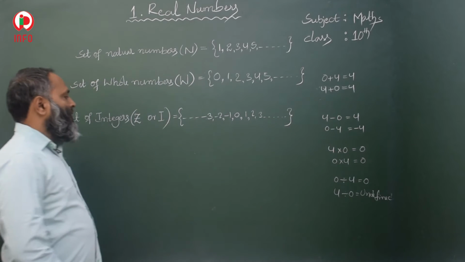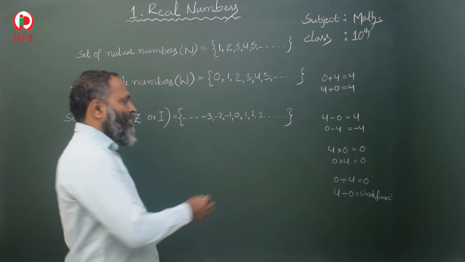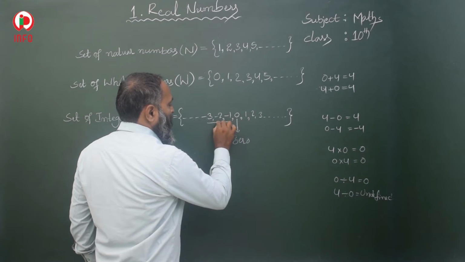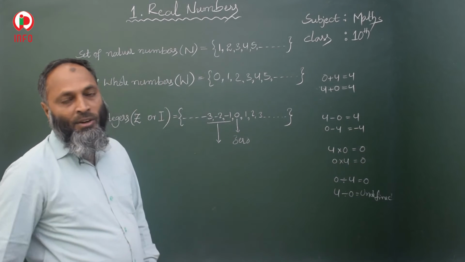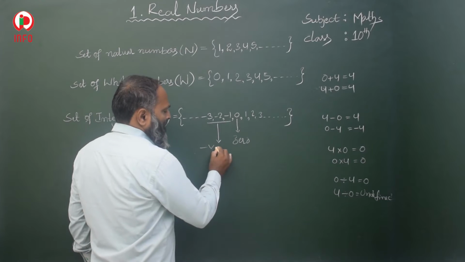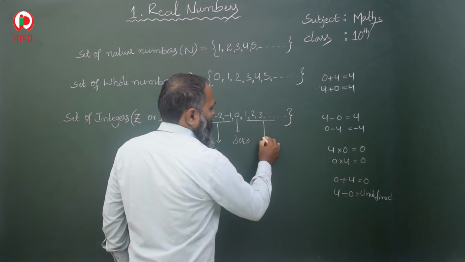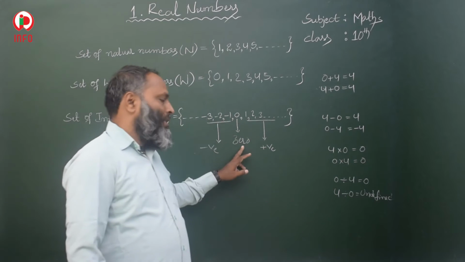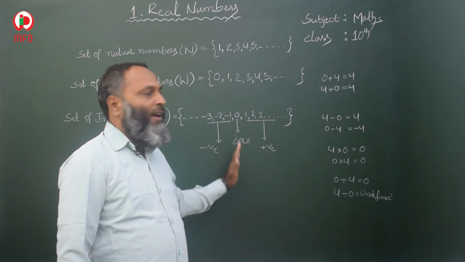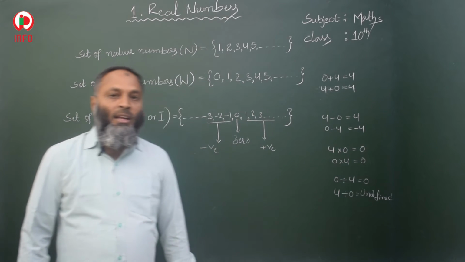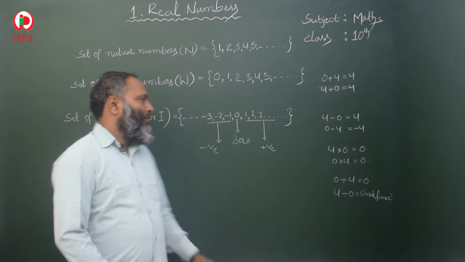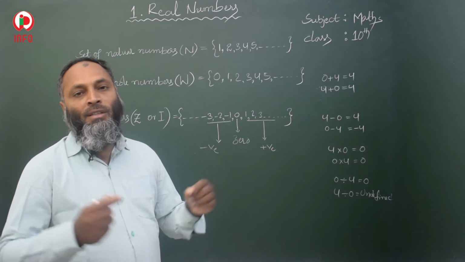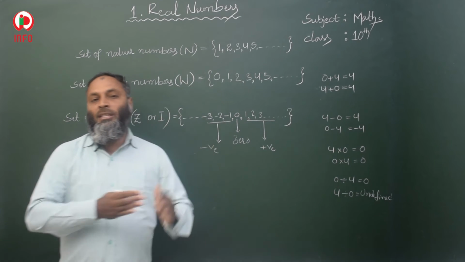In the middle we have 0, on the left side of 0 negative values, and on the right side of 0 positive values. So the set of integers has negative numbers and positive numbers including 0.